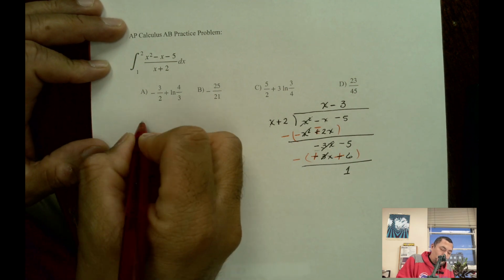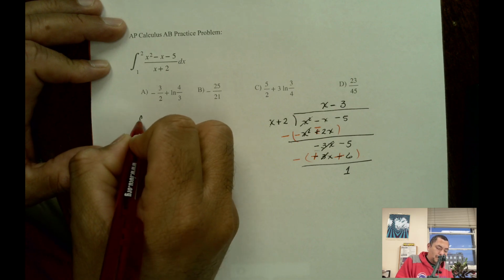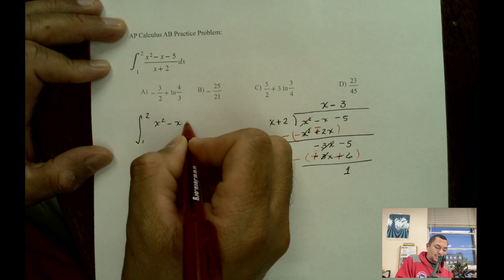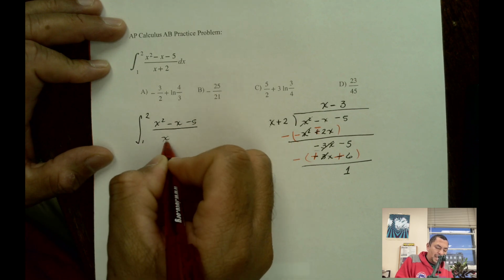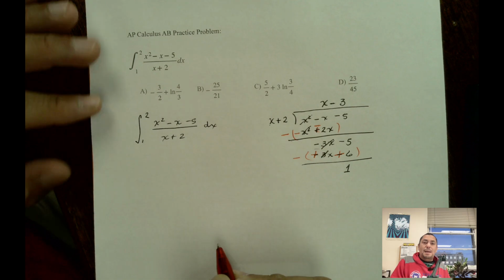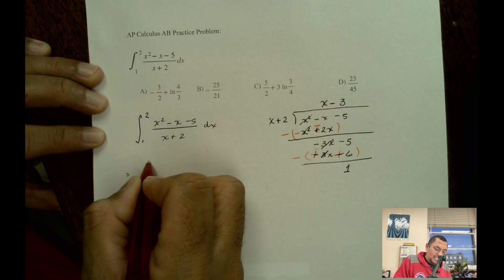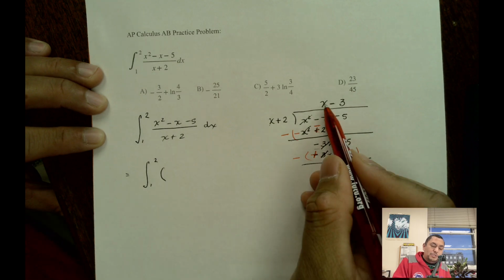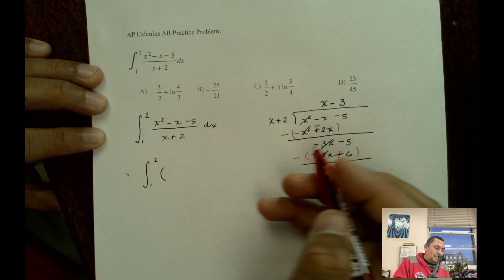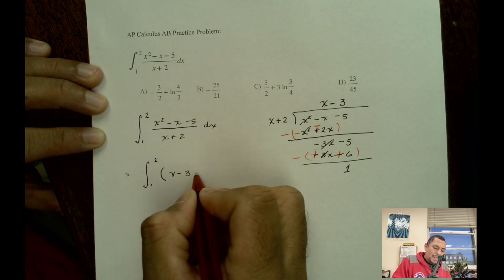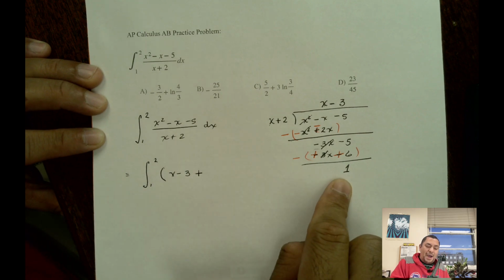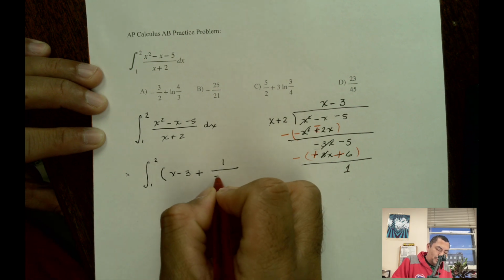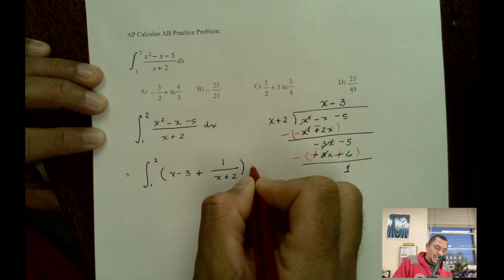So what we're going to do: I have the integral from 1 to 2 of x squared minus x minus 5 over x plus 2 dx, which becomes the integral from 1 to 2 of, we're going to do the quotient first, x minus 3, plus the remainder over the divisor, 1 over x plus 2 dx.